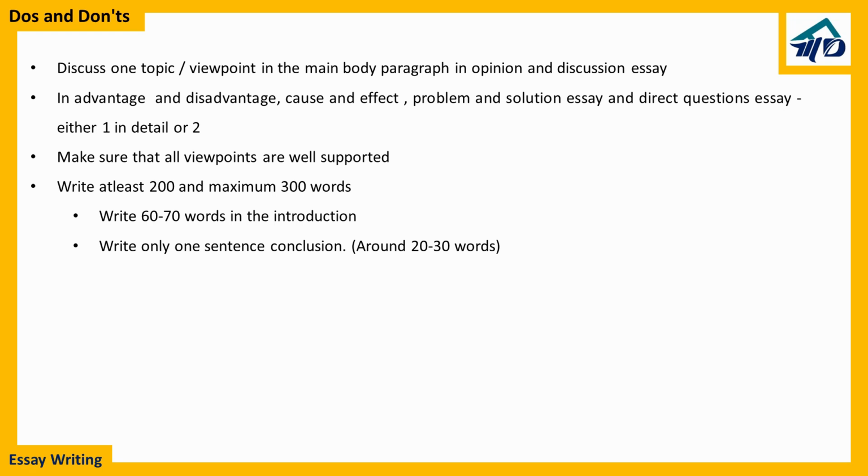Now you have to write at least how many words? 95. So it won't look good if you have 80 words in the introduction and just 95 words in the main body paragraphs. So if you are writing 80 words in the introduction, write at least 130, 140 words in your main body paragraphs number 2 and 3. Let's say 70 and 70.